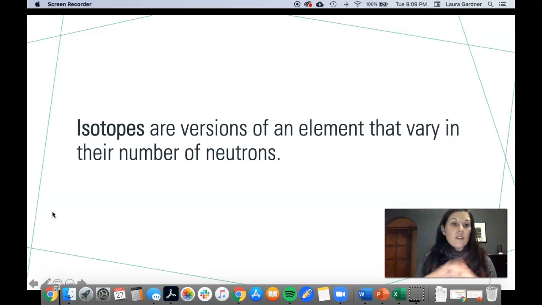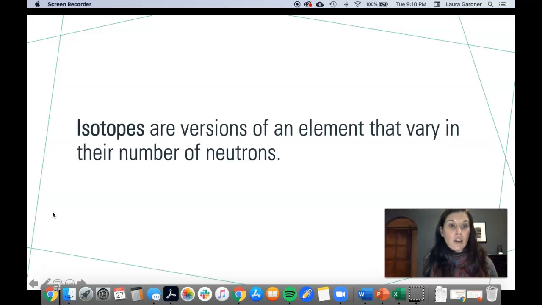This distribution of isotopes is actually super useful in things like carbon dating. If you've ever heard of carbon dating, that's how we can figure out relatively accurately how old a fossil is by measuring the amount of a certain isotope of carbon that is still present in there. We use isotopes to treat different types of thyroid cancer. We use isotopes to do medical imaging.